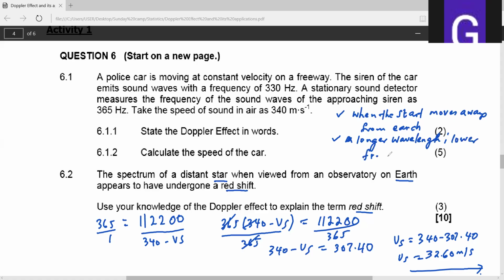So a redshift occurs when the stars are moving away from the Earth, where there is a longer wavelength and a lower frequency. And this is actually called a redshift.